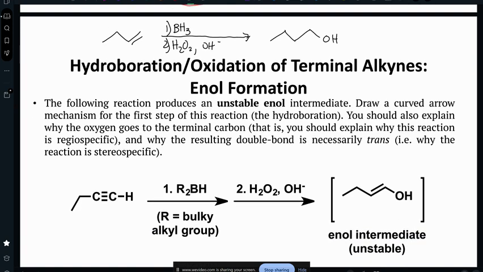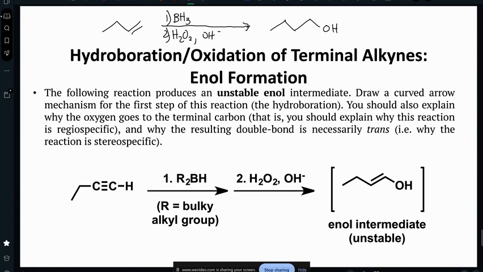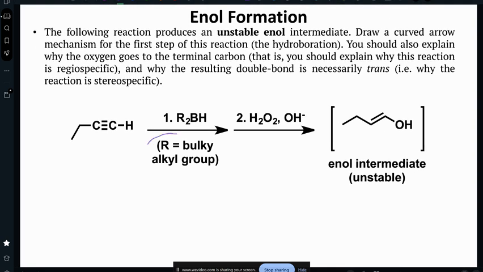With an alkyne, we have to do something a little bit different. We have to add, instead of BH3, BH with a couple of bulky R groups on it. The point of these is to force the BH part of the molecule to only react with one molecule.